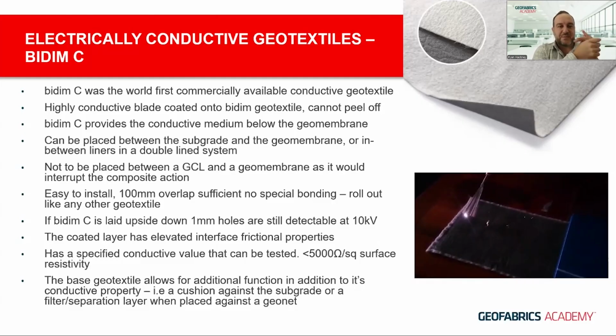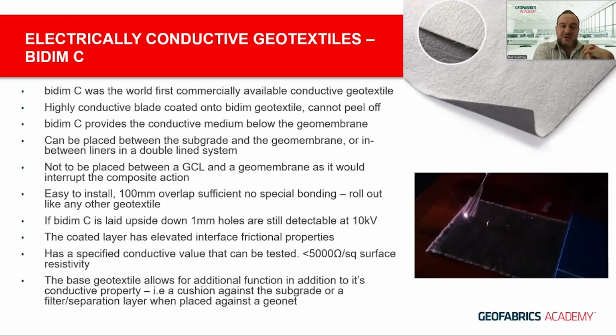The conductive geotextile Bidim C provides that conductive medium below the geomembrane. It can be placed between the subgrade and the geomembrane, or it can be placed in between liners, like we saw in the previous video, in a double liner system. And that might also include a drainage composite as well, so you can have the conductive geotextile placed against the geonet or the conductive geocomposite to first detect leaks, but then if there are leaks further down the line, the composite can drain the liquid away.